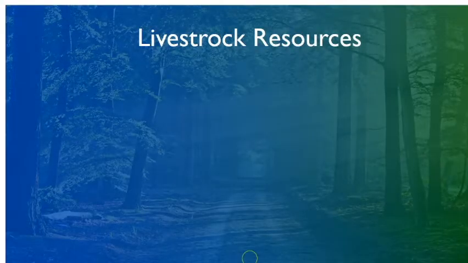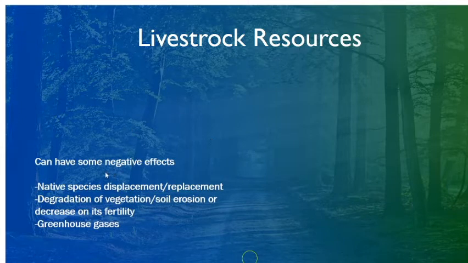Moving on, livestock resources can also have other effects. So first of all, we're going to focus on the negative effects of the livestock resources or the livestock production in the end. First of all, the native species can experience some displacement or replacement. The meaning of this is that, for example, animals like pumas or other animals that live in some parts of the country, pumas, huemules, etc., they have to leave their place so people can have the current space, so they have the livestock production, okay?